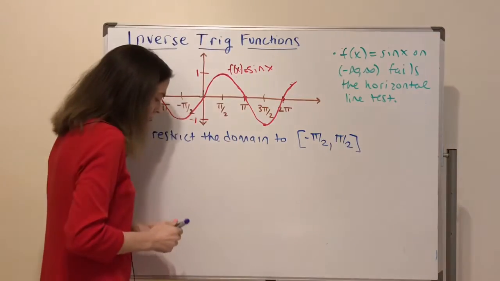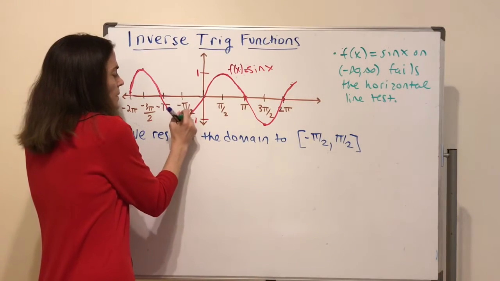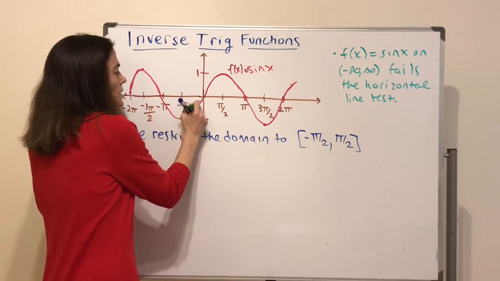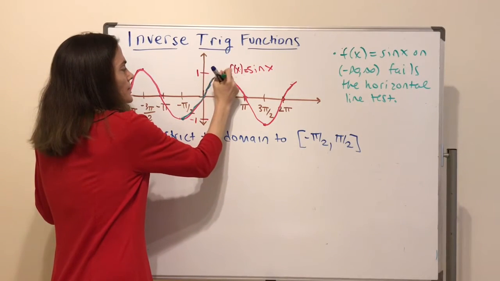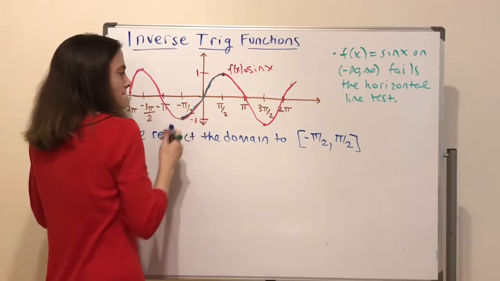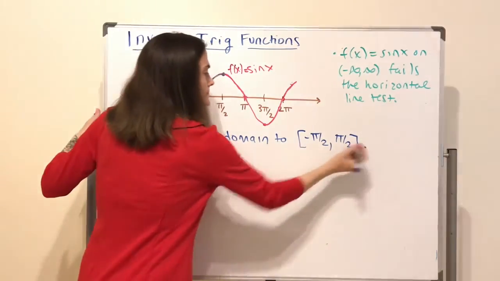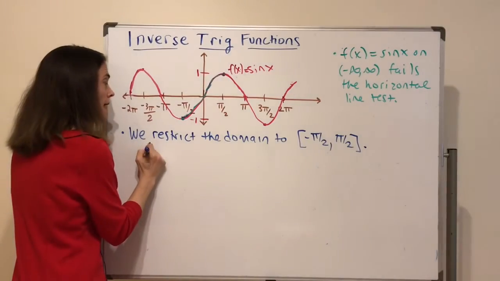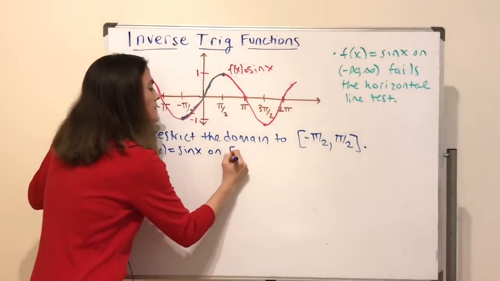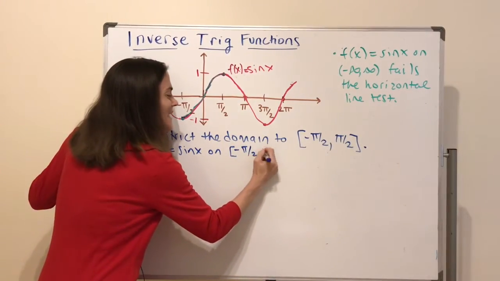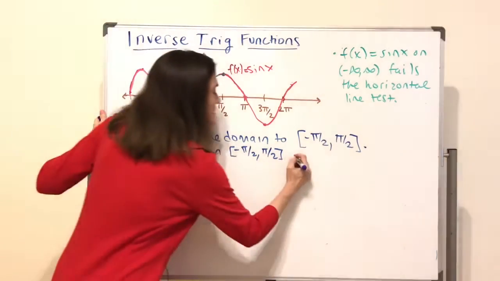Now, when we do this, it's just this piece: starting at minus pi over 2, and then it comes up all the way up to here. Then f of x equals sine x on this restricted domain passes the horizontal line test.